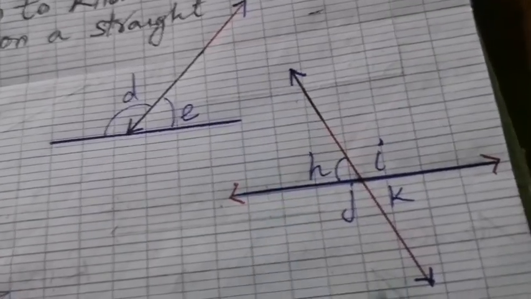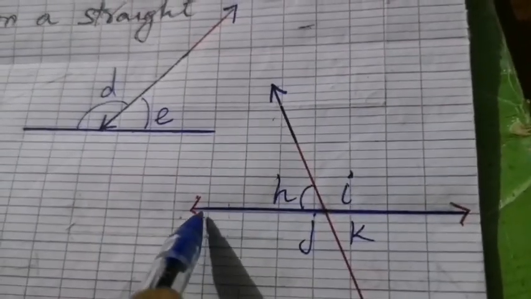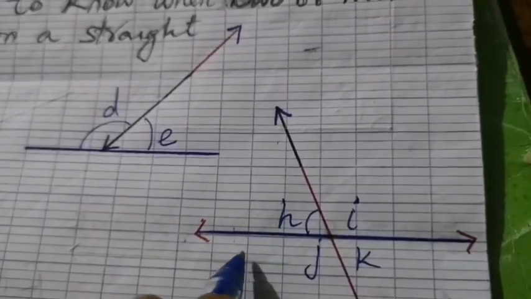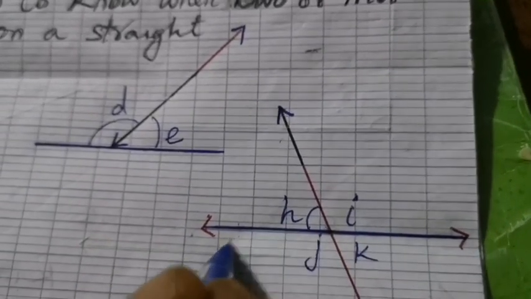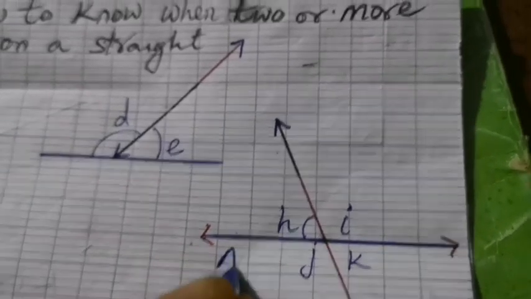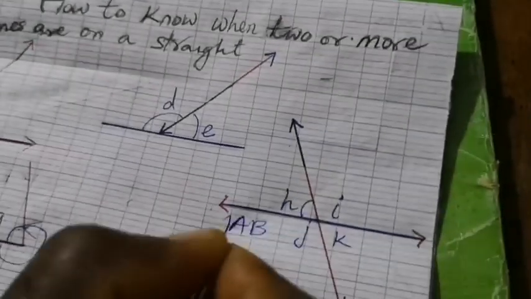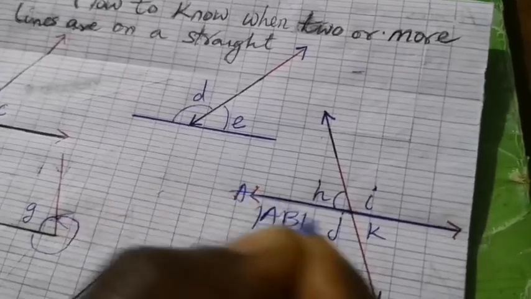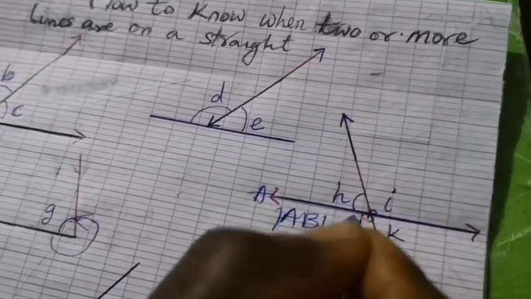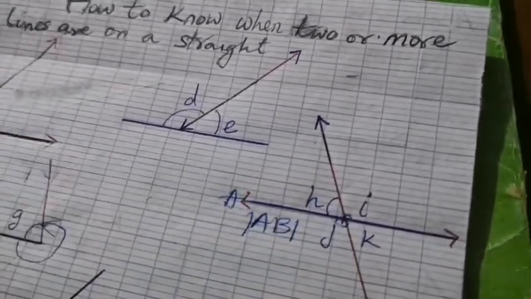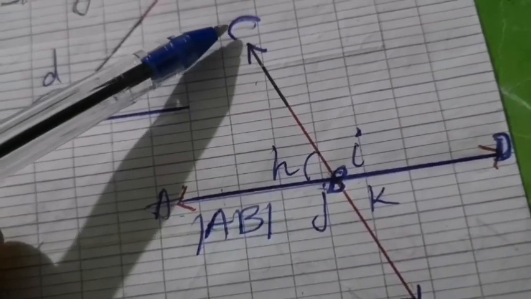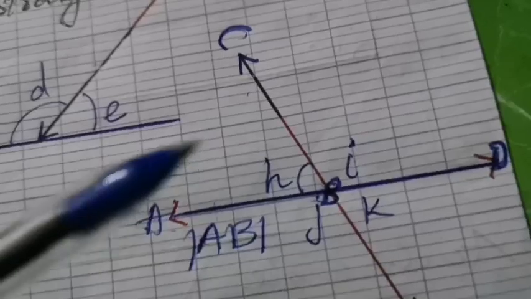So I can call this line from here to here line AB. This is line AB, this is A, here is B. And we have line CB.